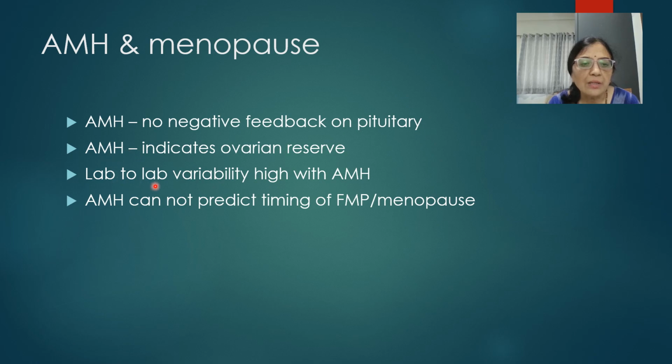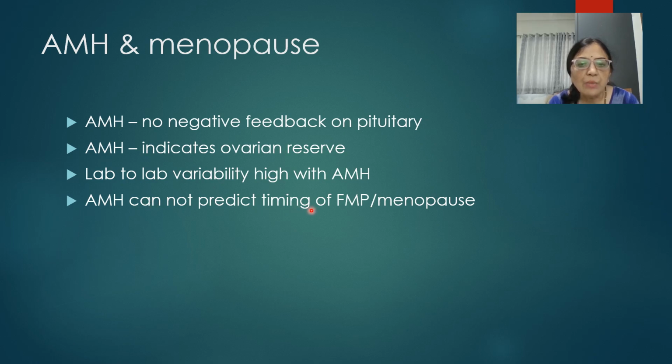Unfortunately, there is variability in the AMH value from one lab to another, or from one kit to another. That is why it is a less reliable indicator of ovarian reserve, though ideally it should be an important indicator.